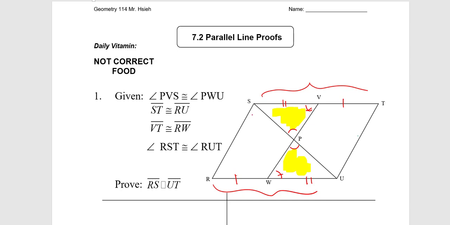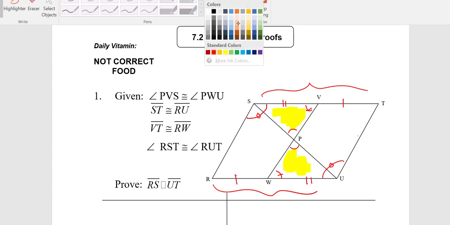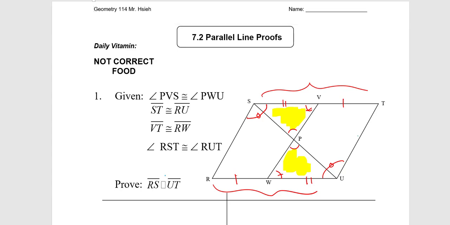I also have that this entire angle is congruent to this entire angle right there. That's another given. And what we're trying to prove here is that these are parallel lines. And so RS is parallel to TU. That's what we're looking for.